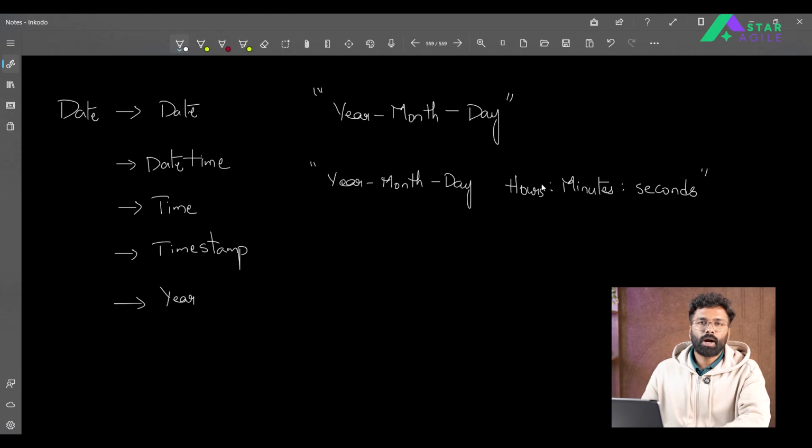This is the format in which you need to insert the data. And the time data should be in 24-hour format, guys. You can insert the data in 24-hour format. So this is datetime, you need to insert it like this.